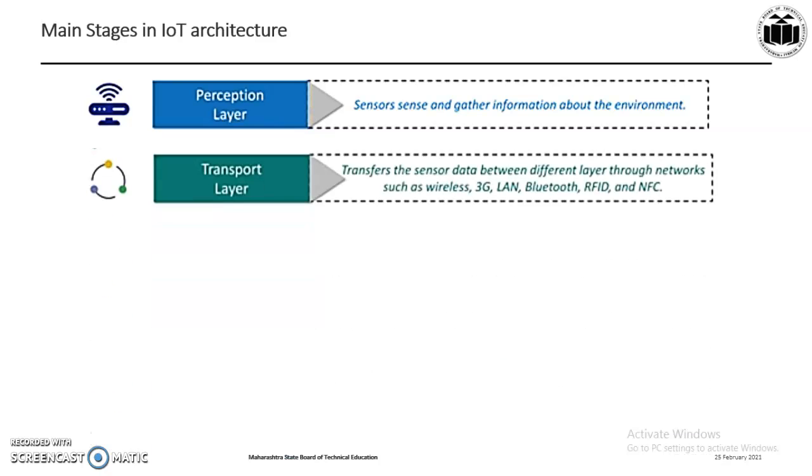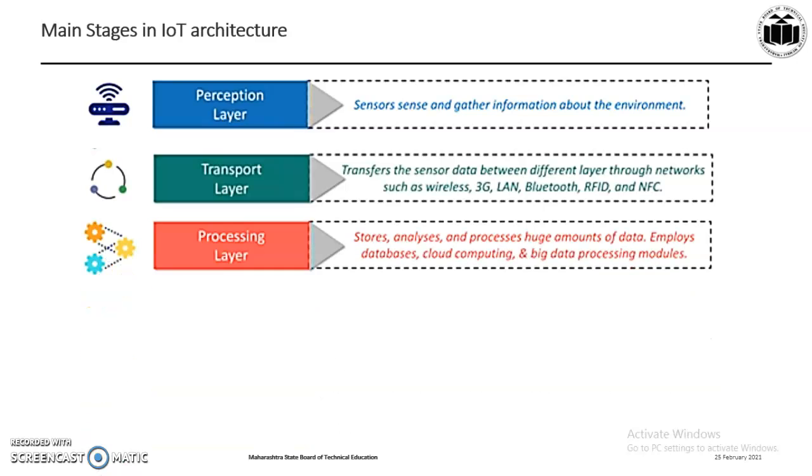The transport layer transfers the sensor data from the perception layer to the processing layer and vice versa through networks such as wireless, 3G, LAN, Bluetooth, RFID and NFC. So its main function is only to act as a medium of transmission of information from the perception layer to the next layer, that is the processing layer. The processing layer is also called the middleware layer.